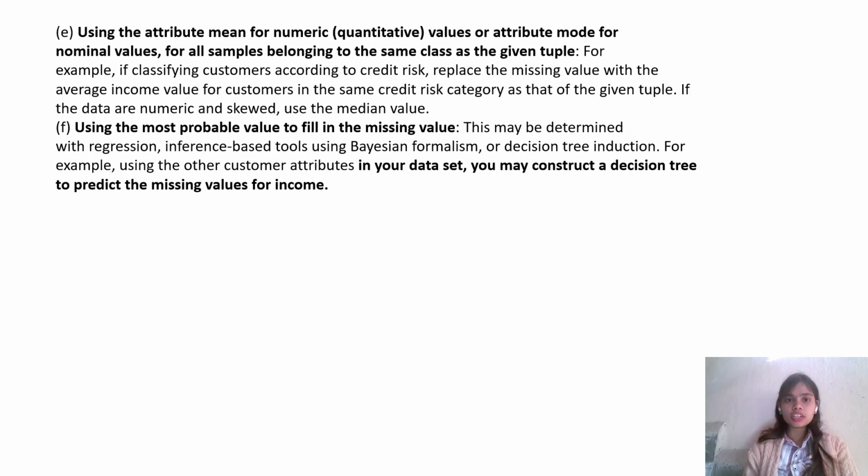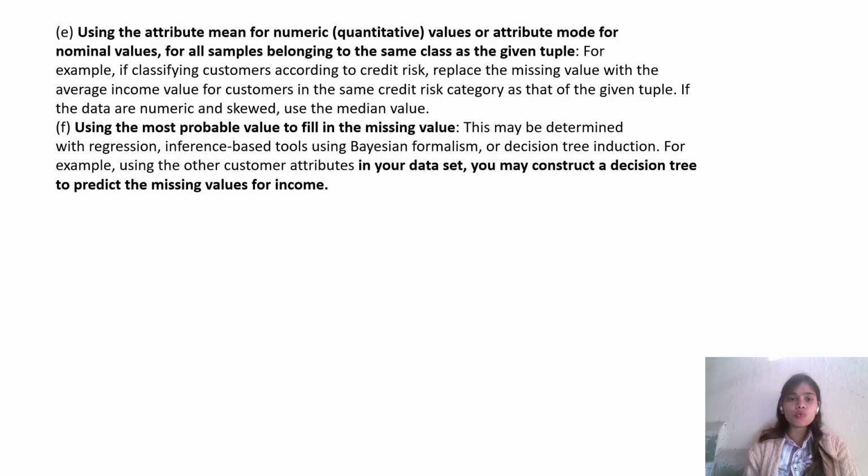Fifth, using the attribute mean for numeric values or attribute mode for nominal values for all samples belonging to the same class as the given tuple. For example, if classifying customers according to credit risk, replace the missing value with the average income value for customers in the same credit risk category as that of the given tuple. If the data are numeric and skewed, use the median value.